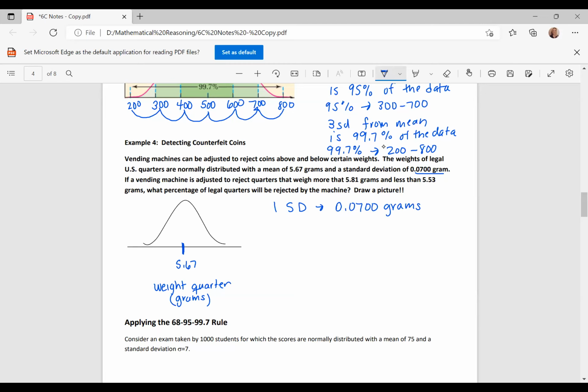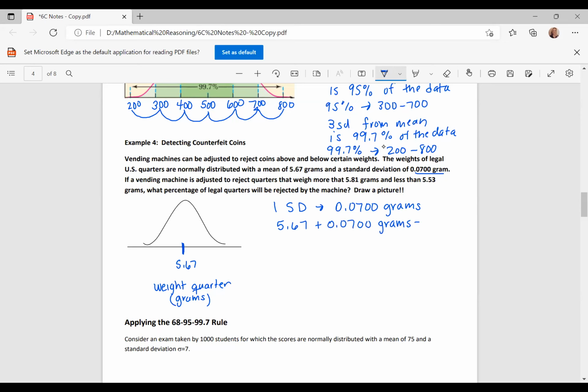So if I want to figure out what 68% of the things would be included, I would need to add that number and subtract that number from my mean. So I would need to take 5.67 plus 0.0700 grams.